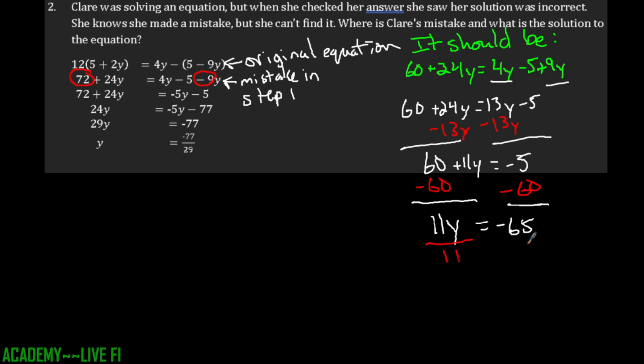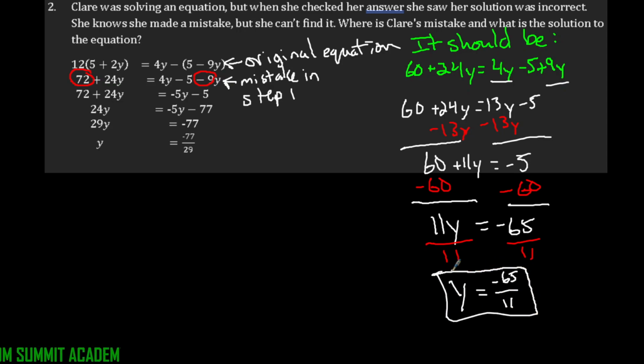So I'm going to divide both sides by 11. And I have y equals -65 over 11. You can change that into a decimal if you want, or you can just leave it as a fraction. Either way, the answer is correct. So make sure you're following those inverse operations to get your variable by itself.